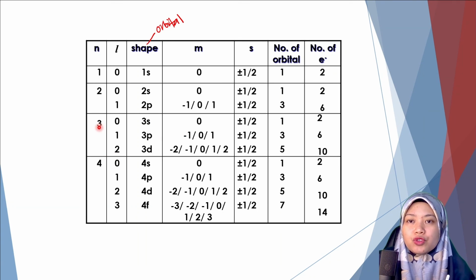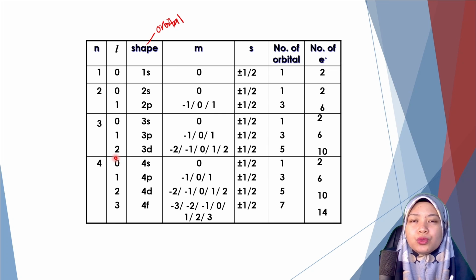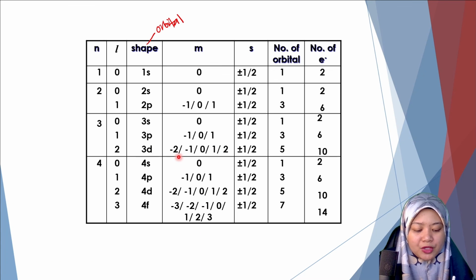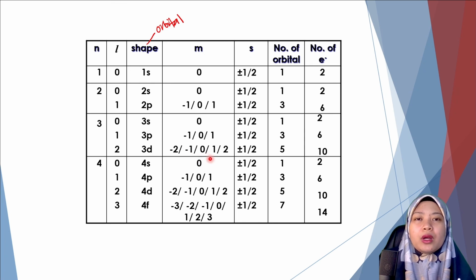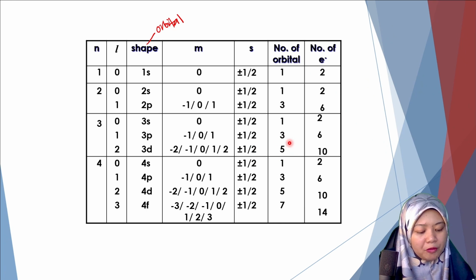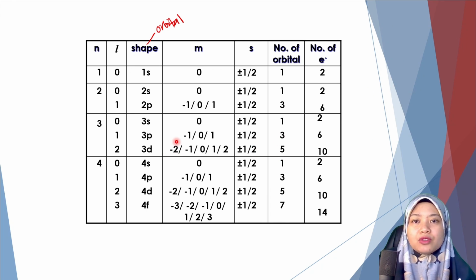For n equals 3, L equals 2, and 2 is the d orbital. So the orbital is 3d. m refers to the value of L, so m will be -2, -1, 0, +1, +2. S is fixed. The number of orbitals refers to how many values of m. Are there 5 values of m?